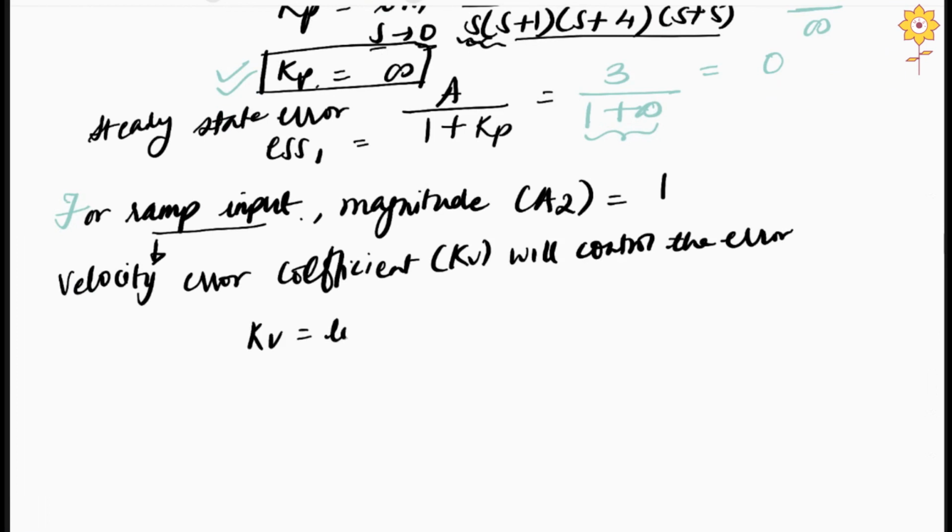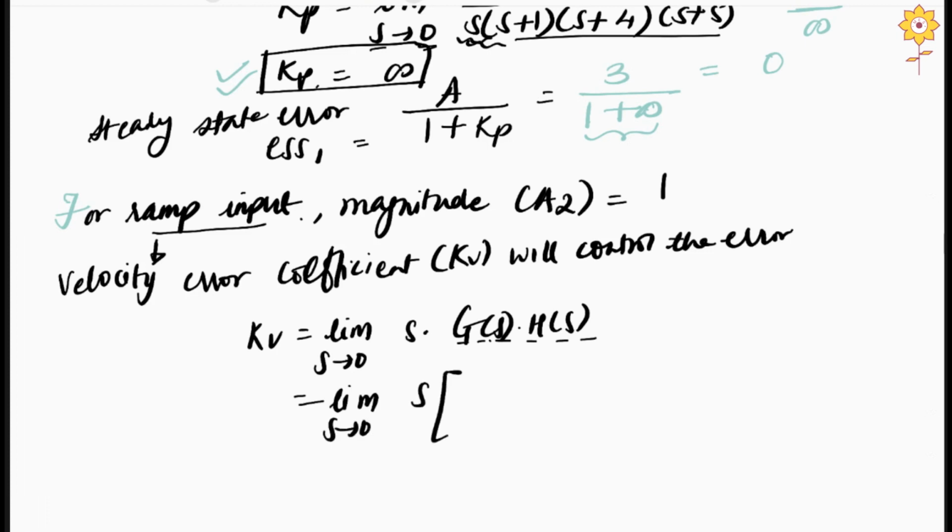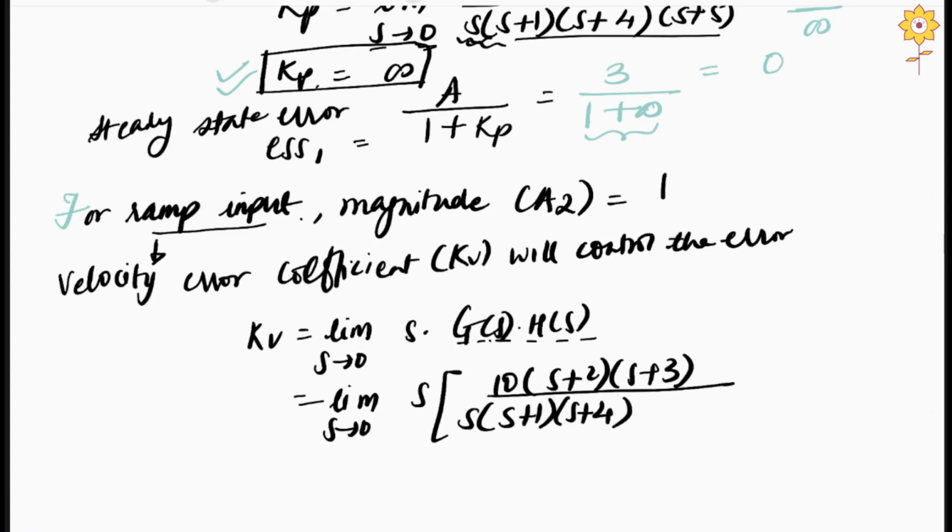Kv is limit s tends to 0. So, we already know this formula, we will write it down. Okay. So, let us substitute the value of g of s, h of s in the equation. Okay.